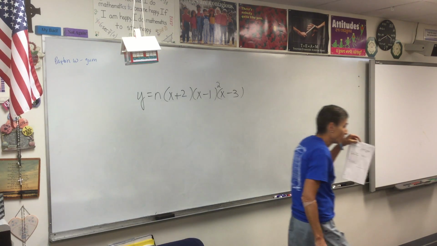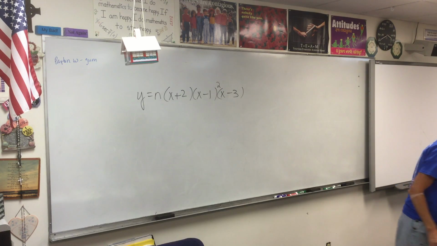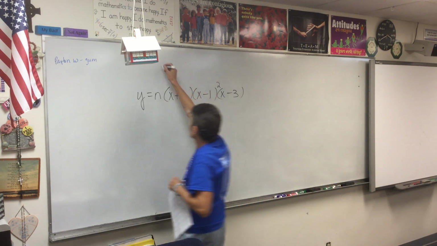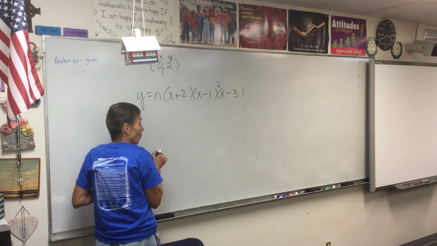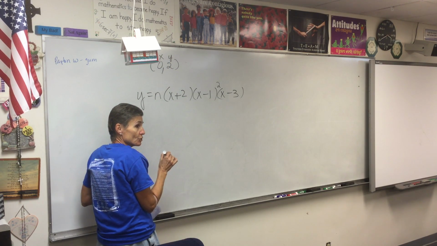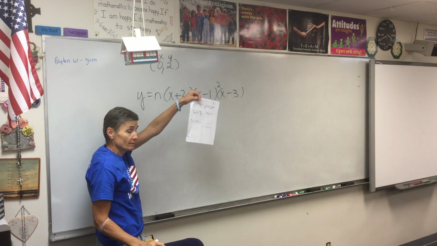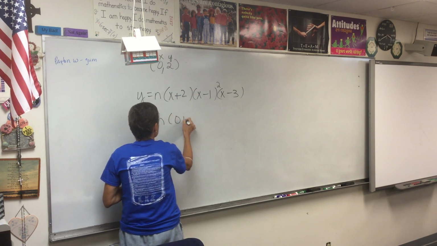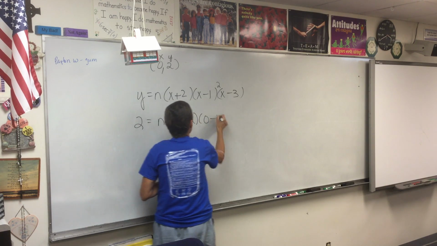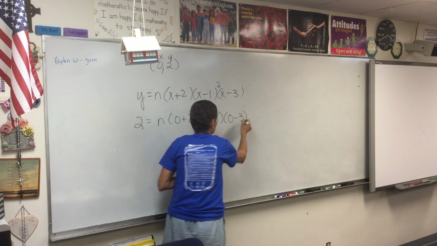Do you see a random point in there? Plug in that point. You're told that if x is 0, y will be 2. That point's on the graph. So I'll put 2 in here, and I'll put 0 in for all of the x's.